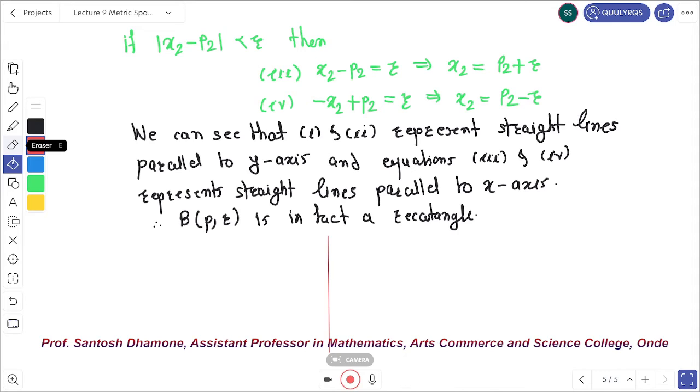Okay, this is the xy axis. This is the x axis.